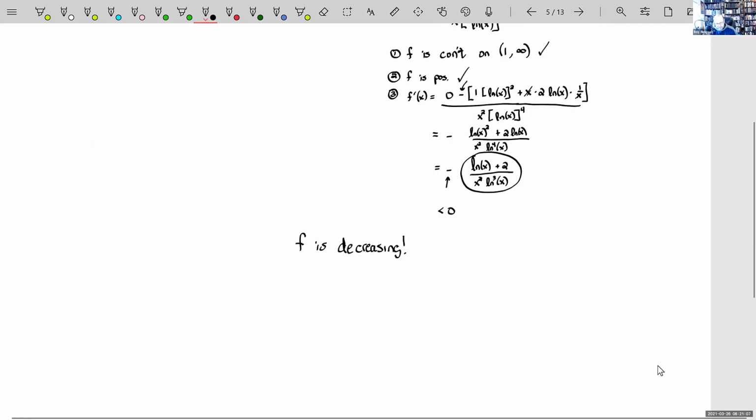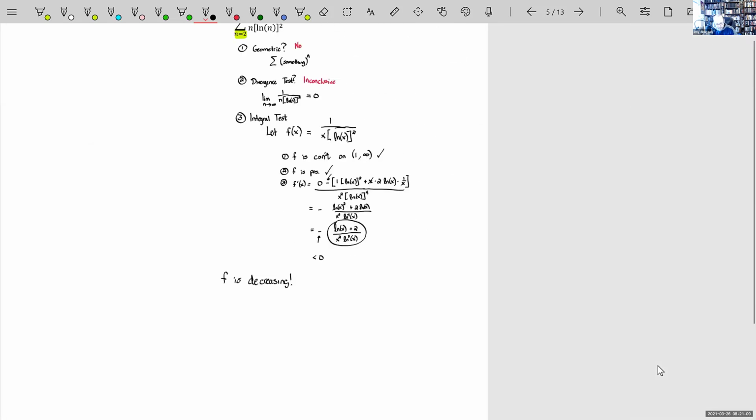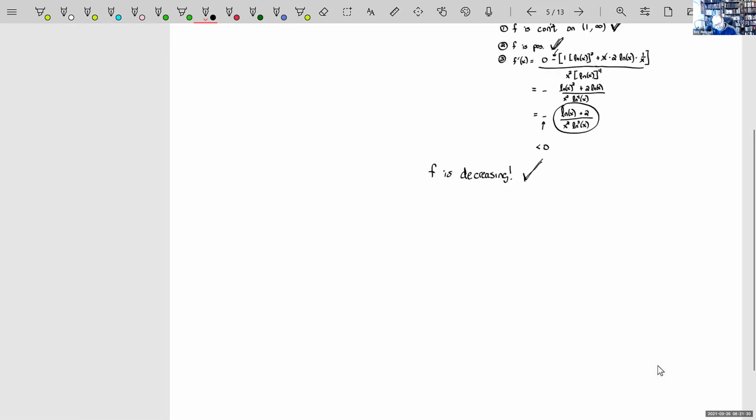So we have continuity, positivity, and we have that f is decreasing. We have unlocked the door, so now we can use the integral test. All of that was just to start using the integral test. Now we can actually use it. So let's go ahead and engage the integral test.